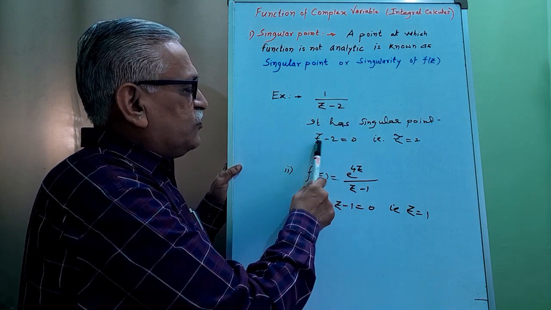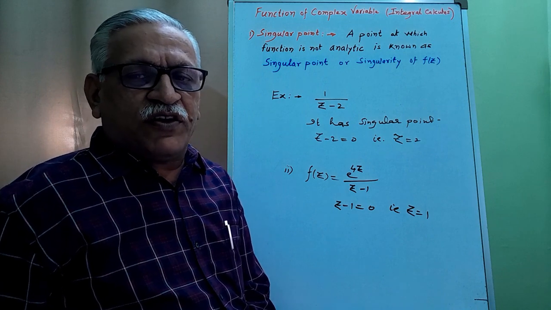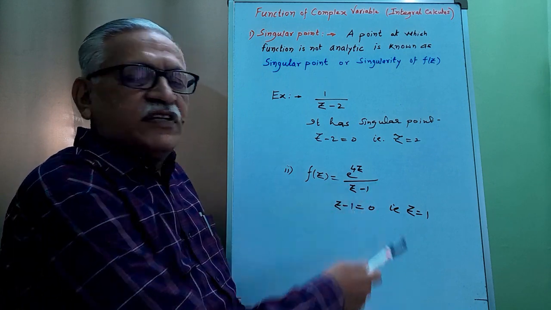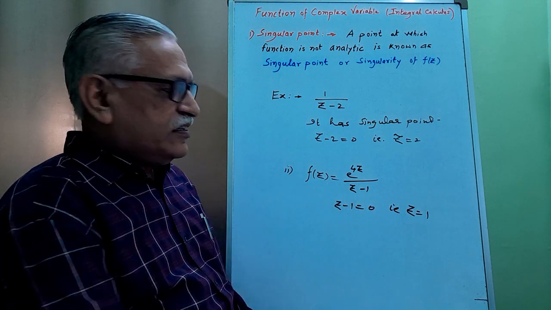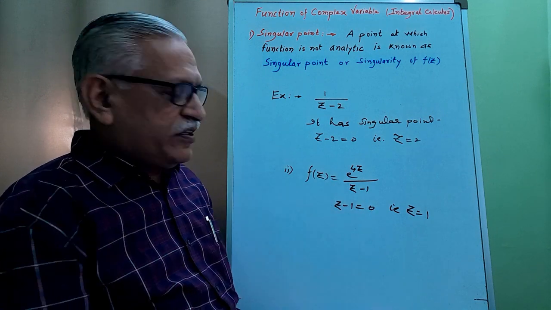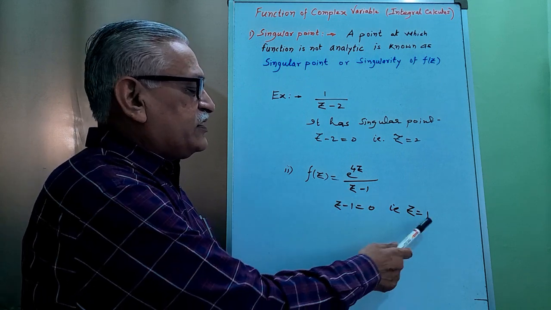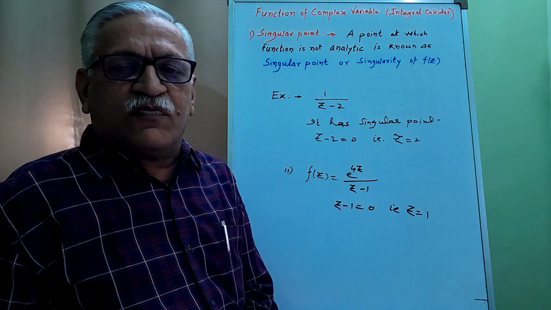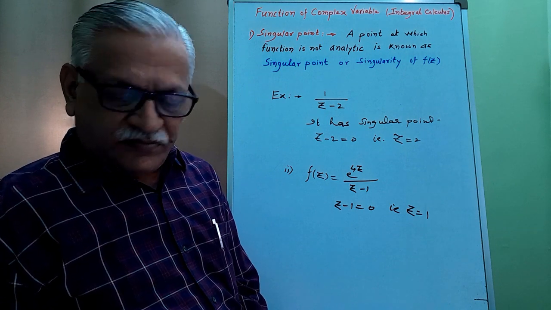Equating this term to 0, we get z minus 2 equals 0, that is z equals 2 is the singular point. Another example, f(z) is equal to e raised to 4z divided by z minus 1. This function has a singular point: z minus 1, equating it to 0, we get z equals 1 as a singular point, or that z equals 1 is called a singularity.